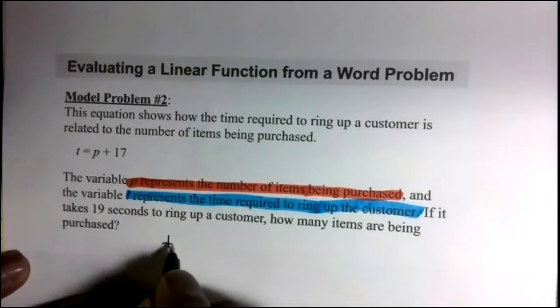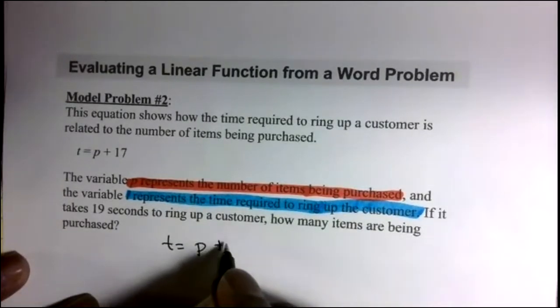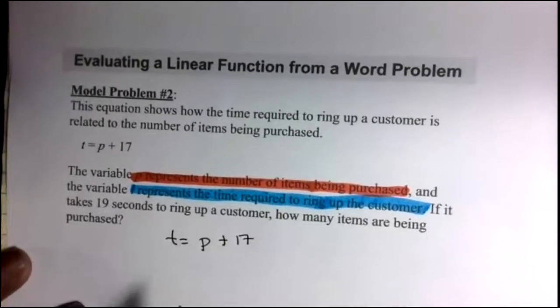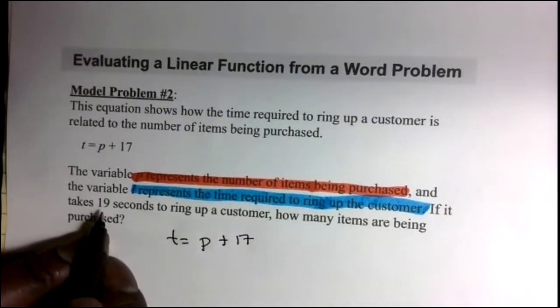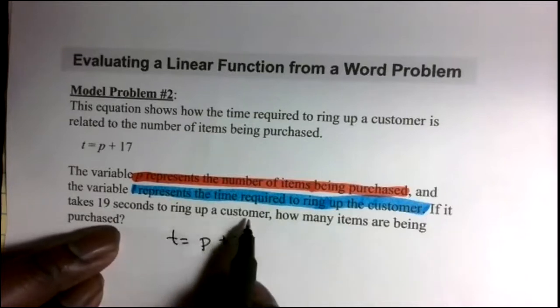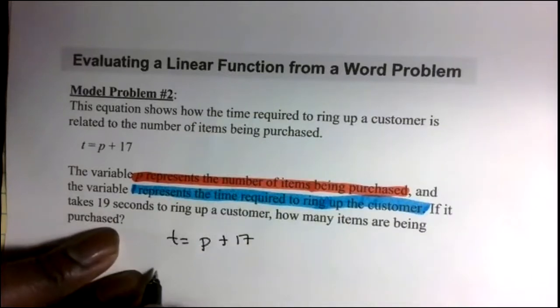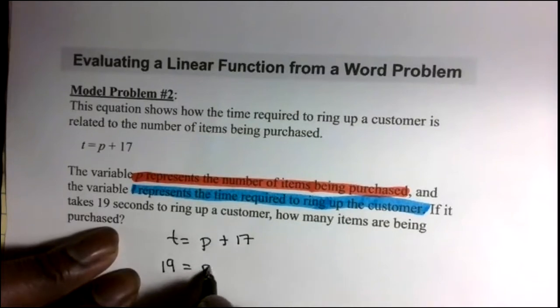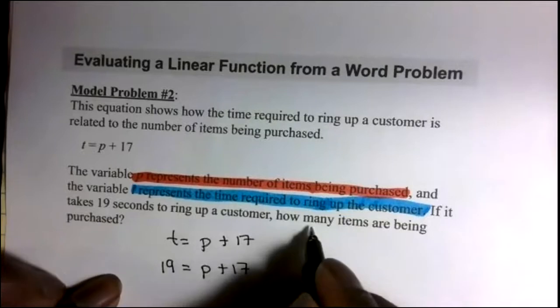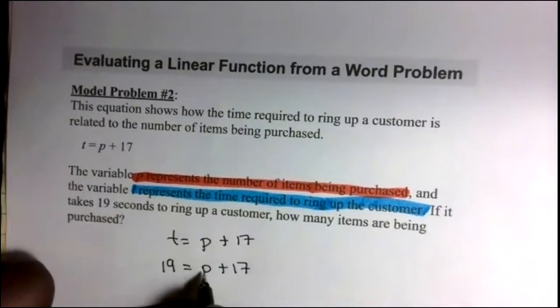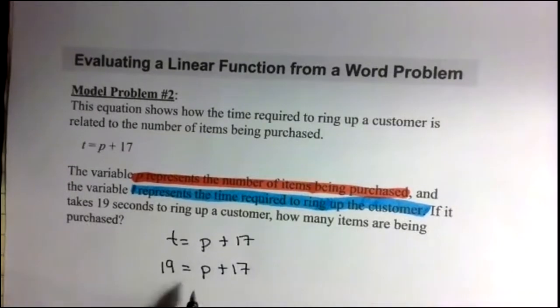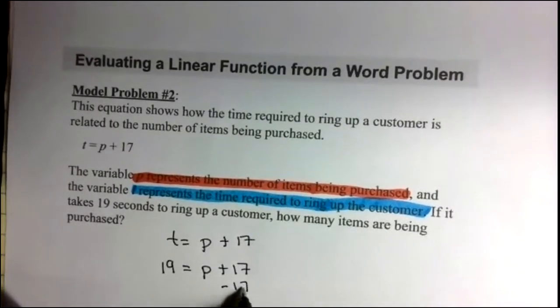So I can say T equals P plus 17, but it says that it takes 19 seconds to ring up the customer. I know that T represents time, so I'm going to put 19 equals P plus 17. How many items purchased? P. So here we're solving for P. That means I must subtract 17 on both sides.